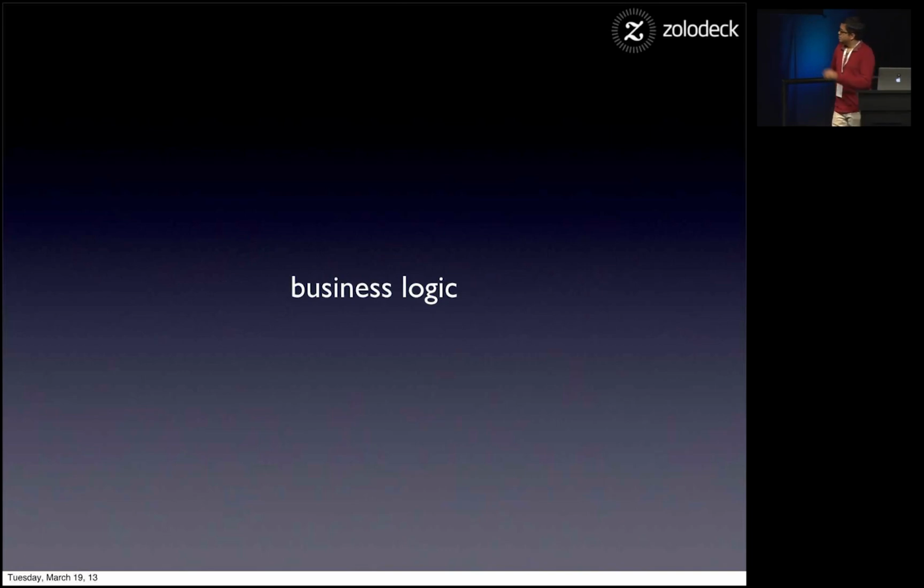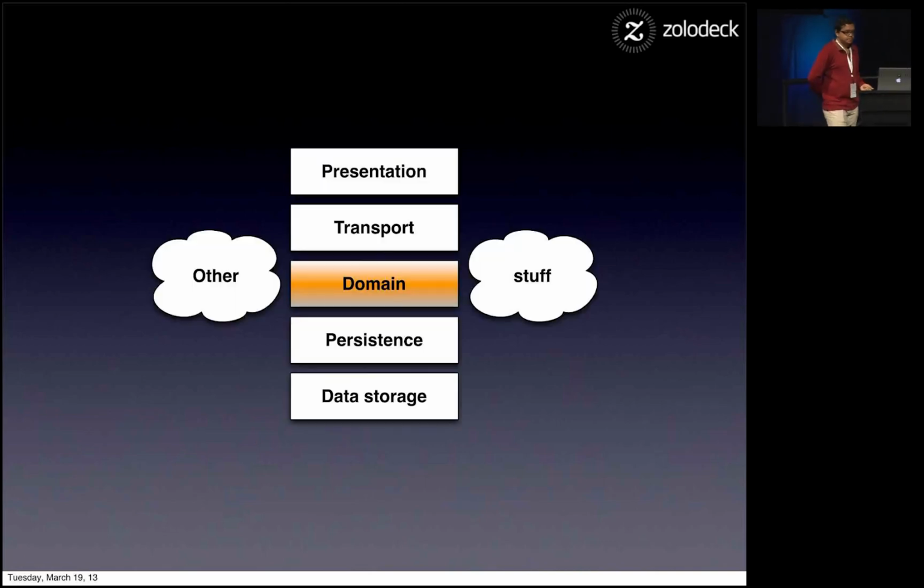And so this is where the business logic lives, and the quality of this model, in the end, determines the success or failure of your application. So, again, everything else that we're going to talk about today, if it doesn't fall in this orange box, we'll think about it as not being part of the domain, and we're just going to focus on how do we go about designing and writing code for this orange thing.